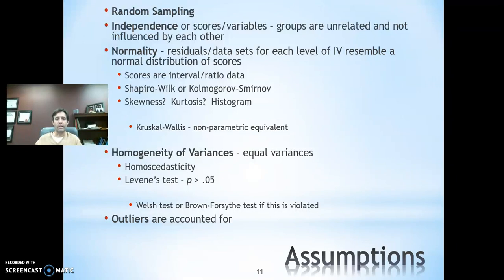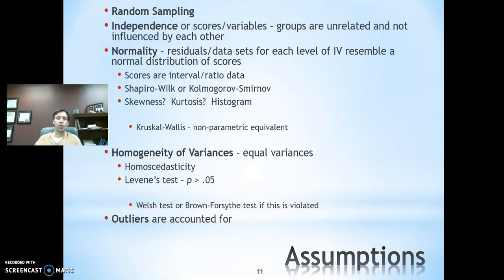If you do have significant deviations from normality, you might consider a Kruskal-Wallis test. It's basically doing the same thing as ANOVA, except it's a non-parametric equivalent. You'll do some different things with your post-hoc tests, but Kruskal-Wallis is available too if you violate that assumption.